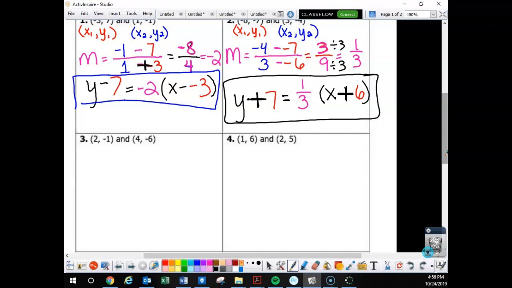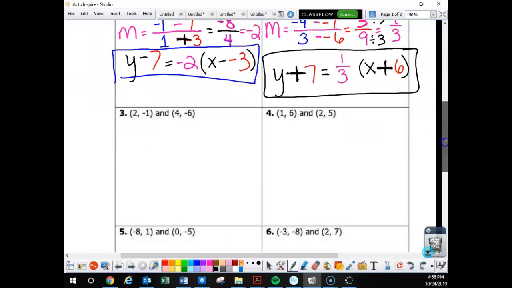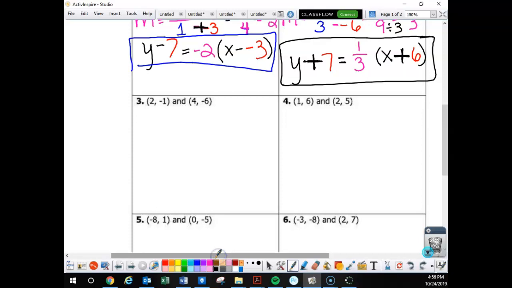All right, so I'm going to go through these pretty quickly since you've already done them. Hopefully you got them right. So I'm going to name this x1, y1, and this x2, y2. So m equals, draw your big fraction, and then subtraction on top and bottom.